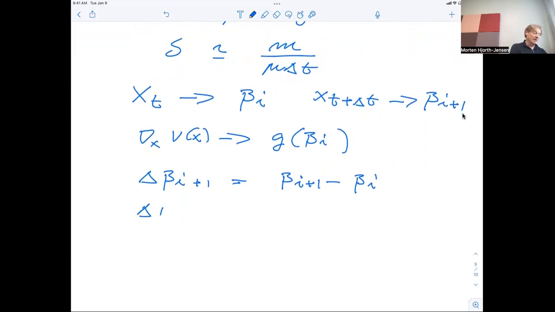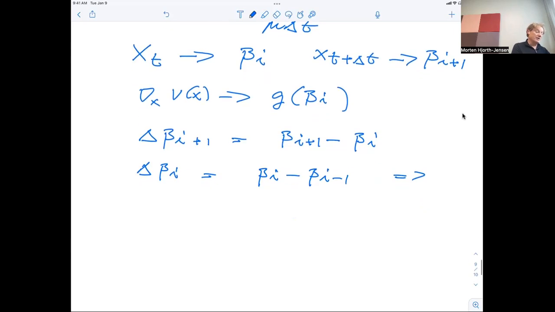And my delta beta of i is going to be equal to beta of i minus beta of i minus 1. And if I bring everything back, then I have a new updating scheme, which is beta of i plus 1 equal to beta of i, as before, minus alpha.